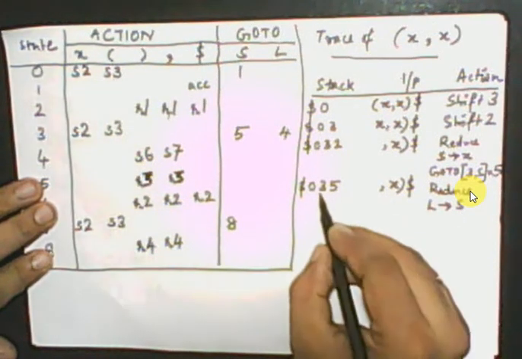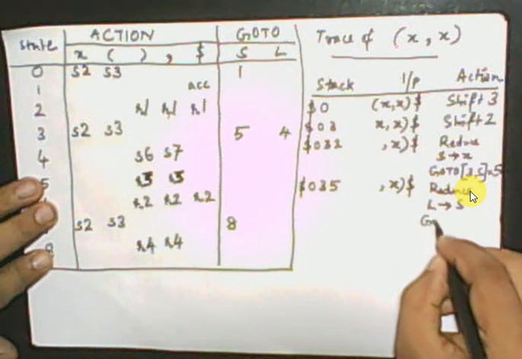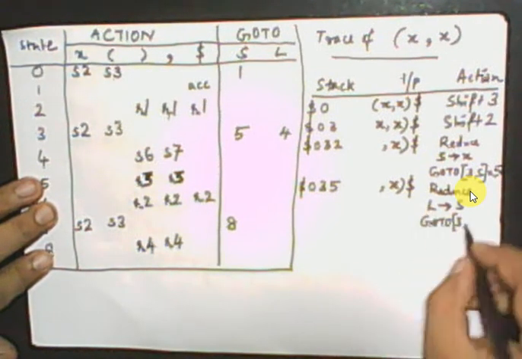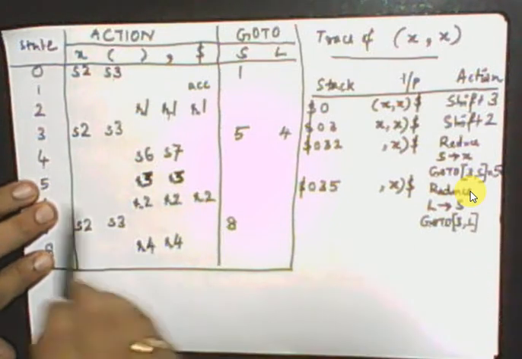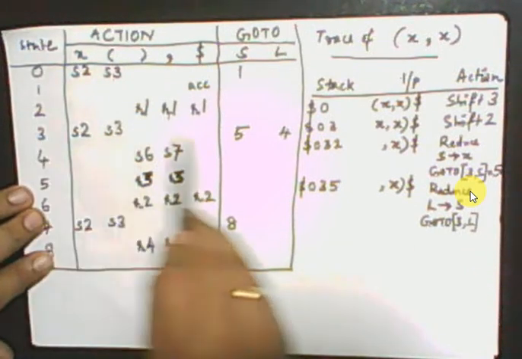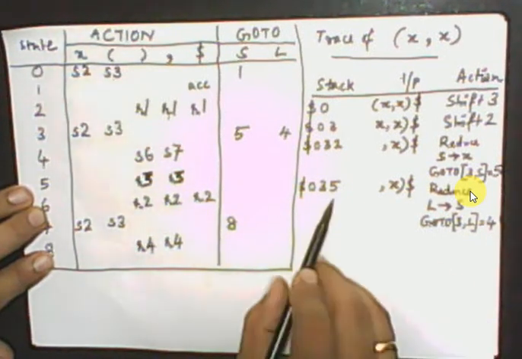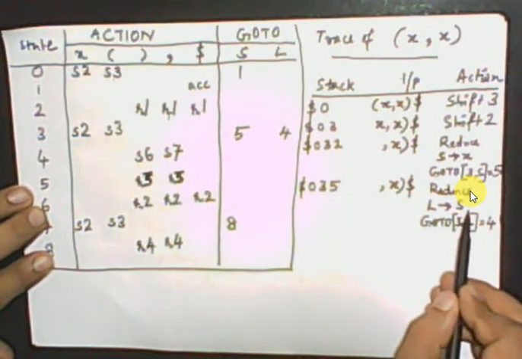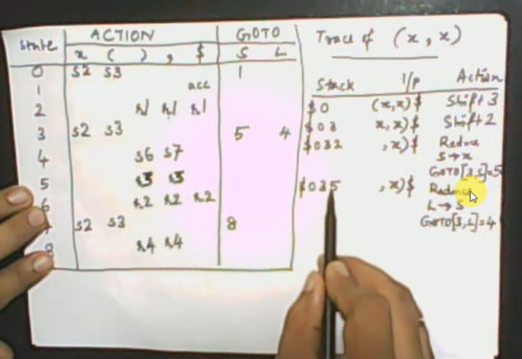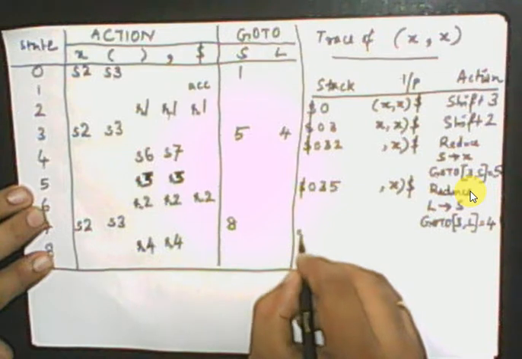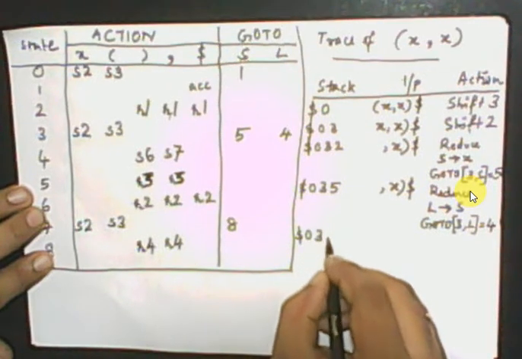So that is 3 there. So goto 3 comma then left hand side, that is L. 3 on L you have 4. So that is 4 there. So 5 has to be popped, since the right hand side has only one symbol, one state has to be popped and 4 has to be pushed. So that is $ 0 3 4.